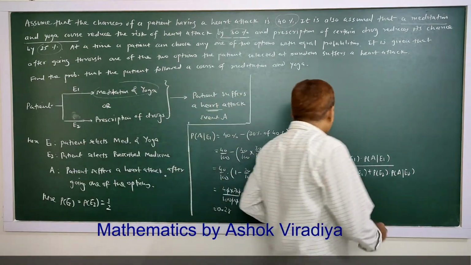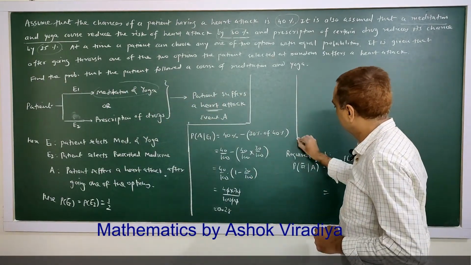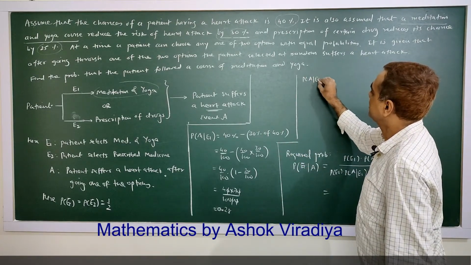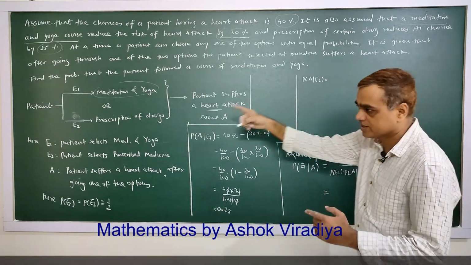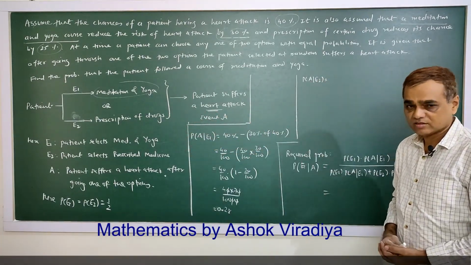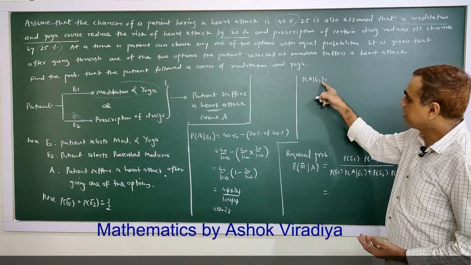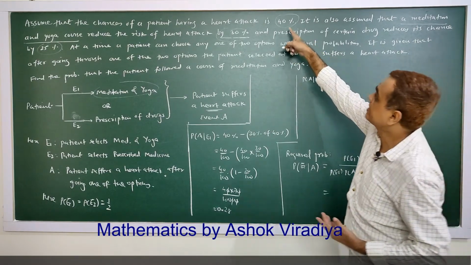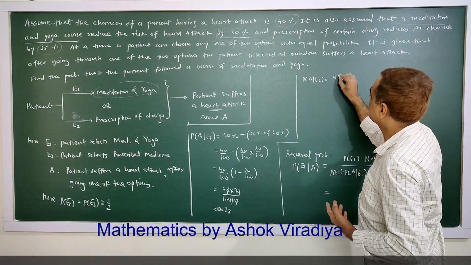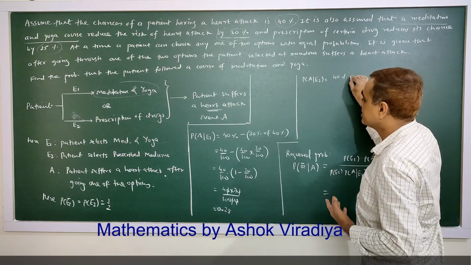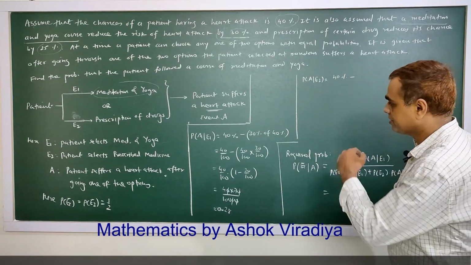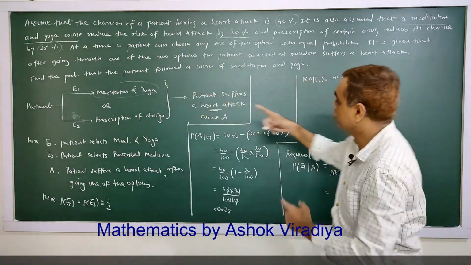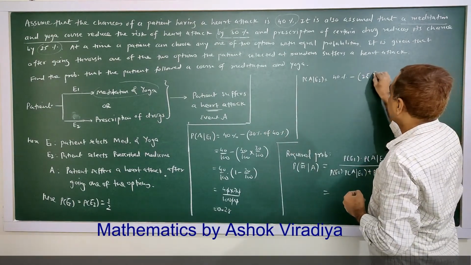Now P of A by E2. That means if the patient selects the prescribed medicine, then what is the probability of attack? Previously, without doing anything, the probability was 40%. Now it is reduced by 25%. So 25% of 40%.